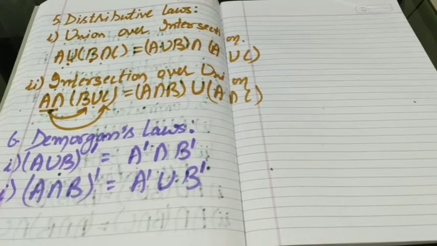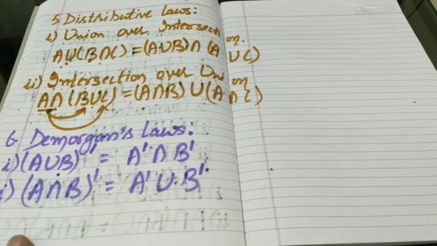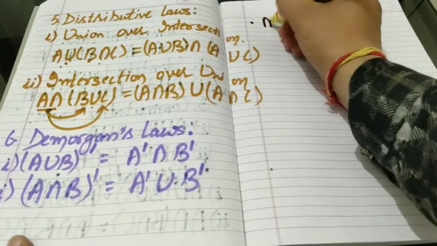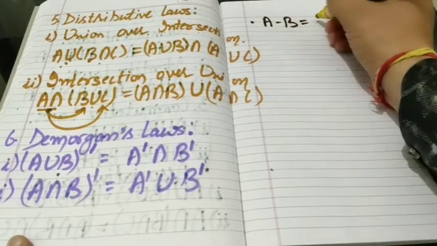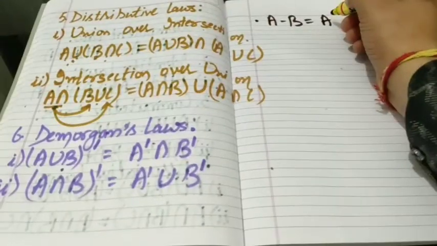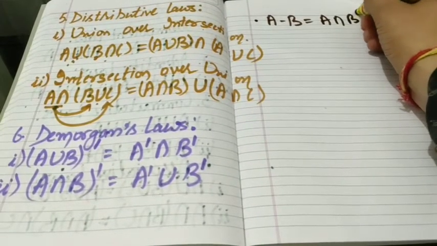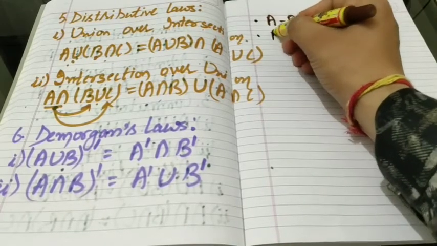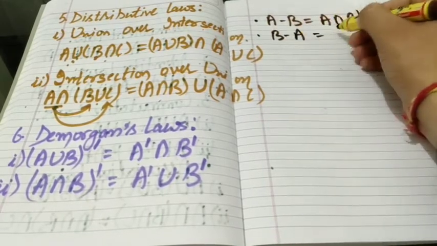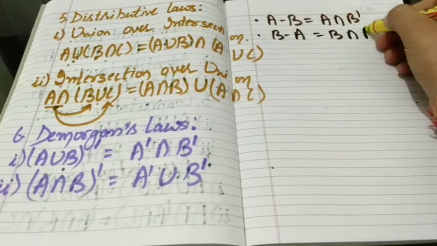Now after this, we have a few more rules on operations on sets, like set A minus set B equals A intersection B complement, and set B minus set A equals B intersection A complement.